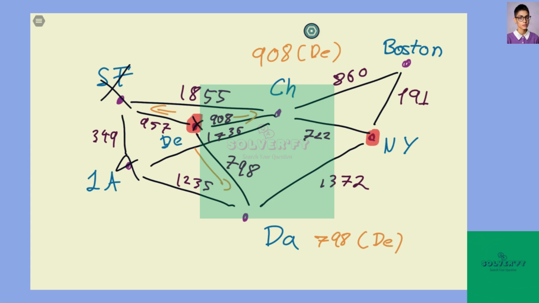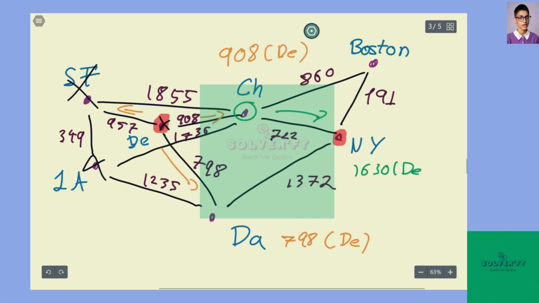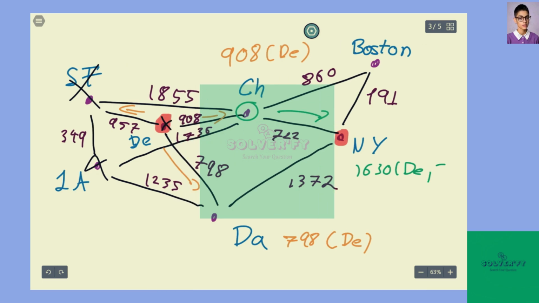So now we should check what happens if we go to Chicago. If from Chicago we move to New York, then the distance will be 908 plus 722, so it's 1,630, and the travel path is from Denver and Chicago.